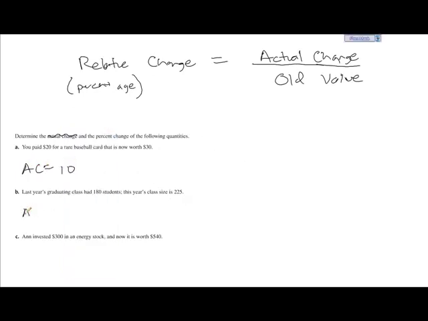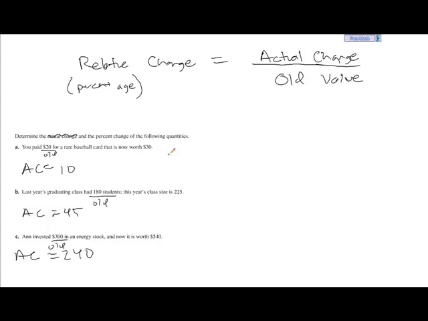So this is typically expressed as a percentage. That's why we typically call it a percentage change. So again, we call these numbers our old. This is how much or how many there were initially, and then this is what they became later on.